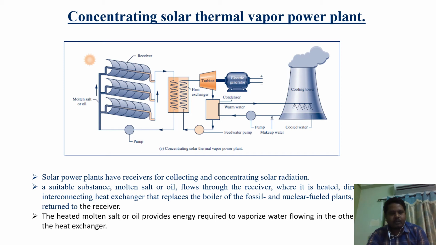From the solar, heat energy passes through the boiler. In that boiler, water is converting into steam by using the solar energy. So that is the difference between the earlier power plant and this power plant. Here the energy source is solar.